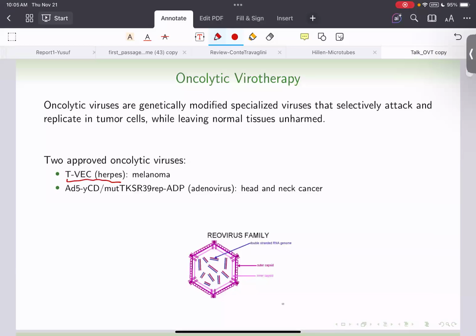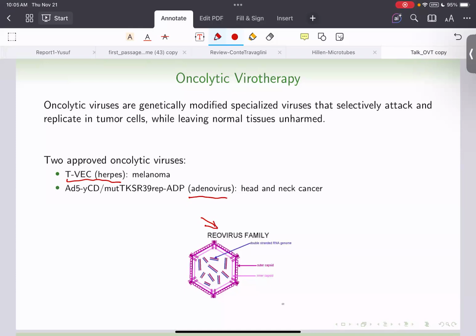One is a herpes virus. It's called TVEC. It's used for melanoma. And the other one is called 85YCD mutated TKSR39-REP ADP. It is an adenovirus and is used for head and neck cancer. What I'm looking at later is called viruses of the reovirus family. I show an example here already.